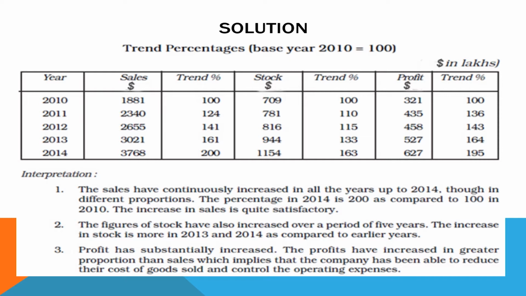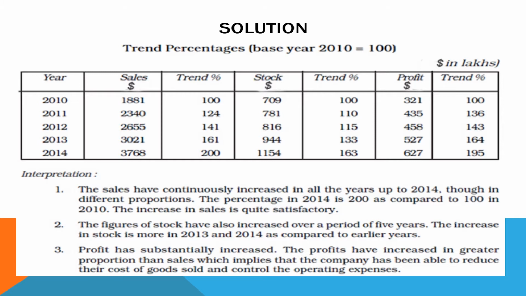Now let's move to another example which says, from the following data relating to the equity and liabilities of balance sheet of X Limited for the period March 31st, 2010 to 2013, calculate the trend percentages taking 2010-11 as the base year.